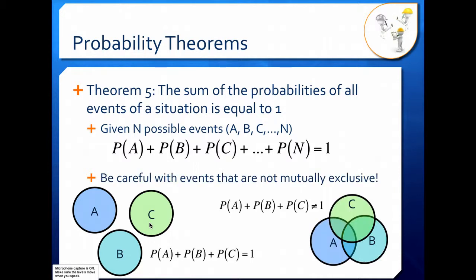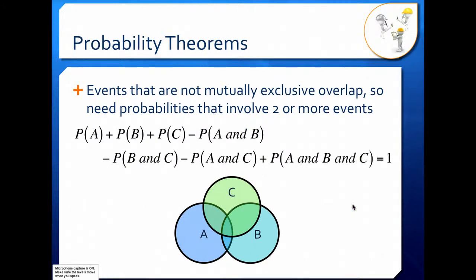One thing to watch out for is events that are not mutually exclusive, so there's some overlap this time in A, B, and C. If we were to add up these probabilities, we wouldn't get 1. We would get something else. If that is the case, then you need to deal with the events that occur at the same time.